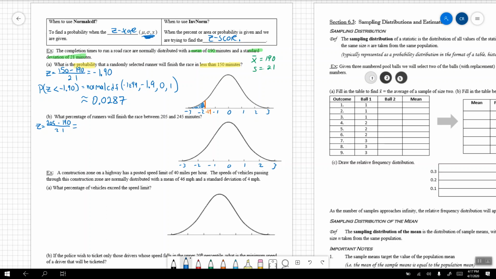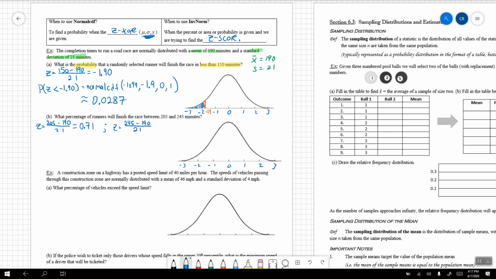So 205 minus 190, that's going to be 15 divided by 21. That's 0.71. The next z-score that I want is the one that's going to produce 245 minutes. 245 minus 190 divided by 21.